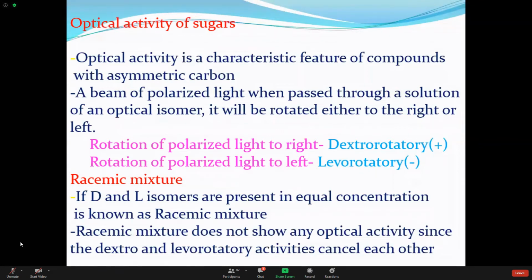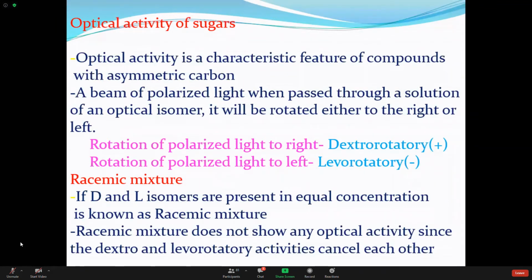So optical activity has two varieties, dextrorotatory and levorotatory. When the rotation is to the right hand side, it is called dextrorotatory. When the rotation is to the left hand side, it is called levorotatory. Am I clear? Yes.